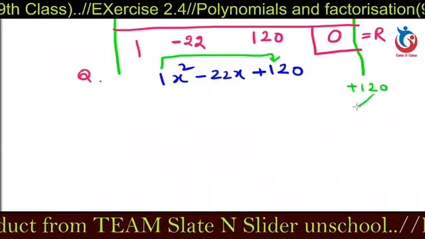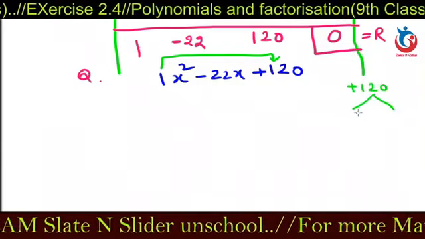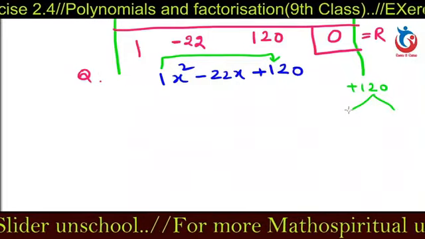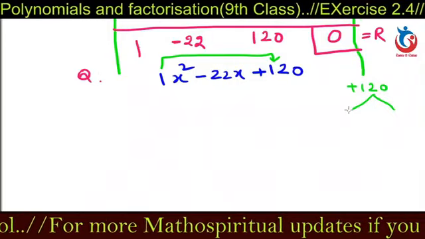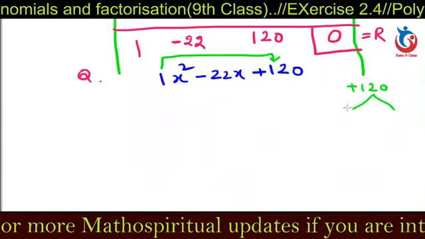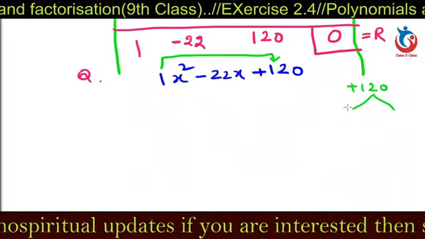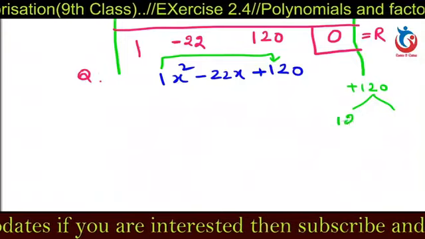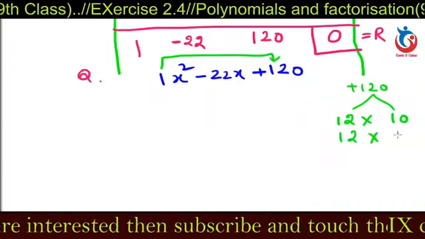We should write all the factors, but it takes much time: 1 into 120, 2 into 60, 3 into 40, 4 into 30, like that, so many factors. So before that, for plus 120, by guessing, I will write 12 into 10.